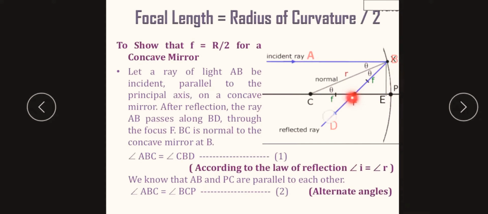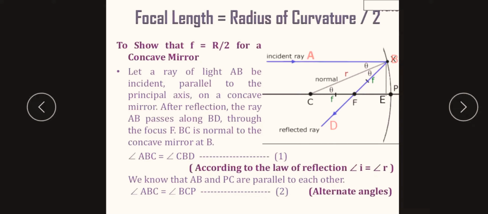The principal axis is a line passing through the pole and the center of curvature; this imaginary line we call the principal axis. Once the ray AB is incident on the mirror, it is reflected back to the same medium as BD through the principal focus F.